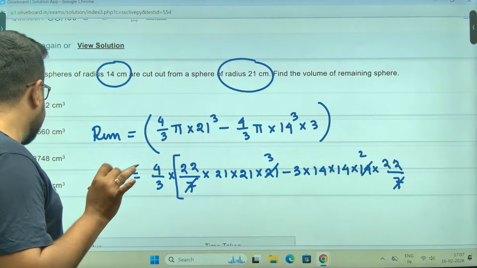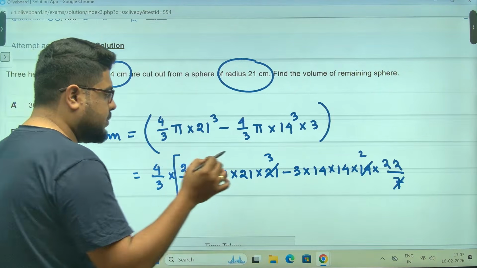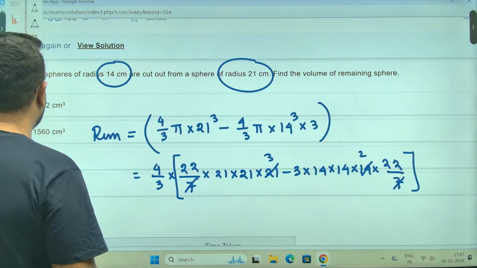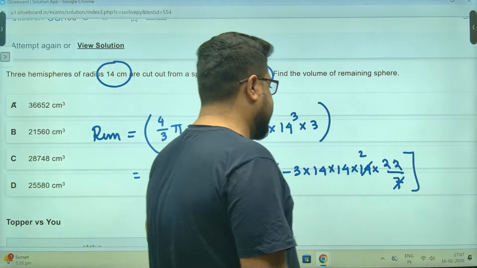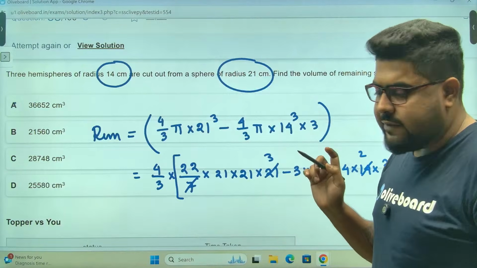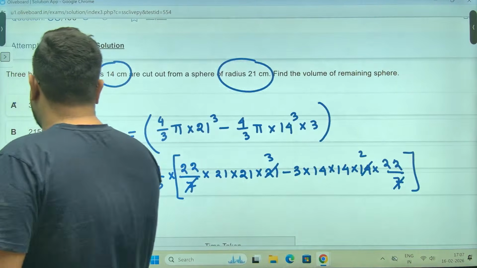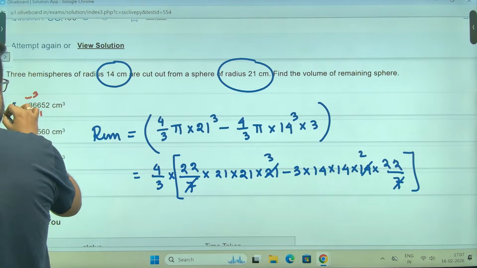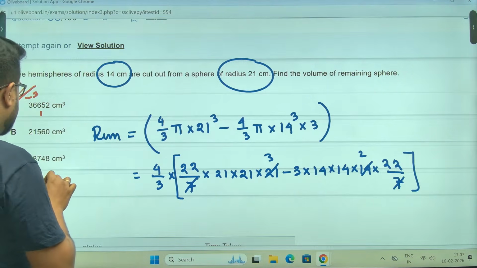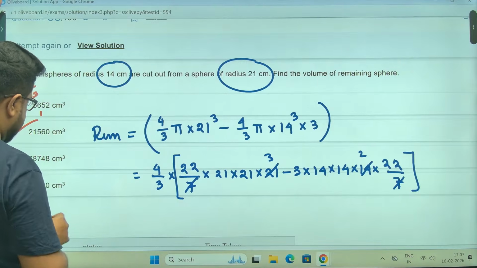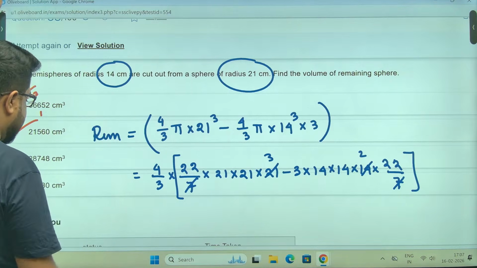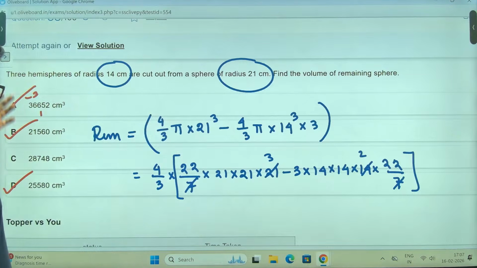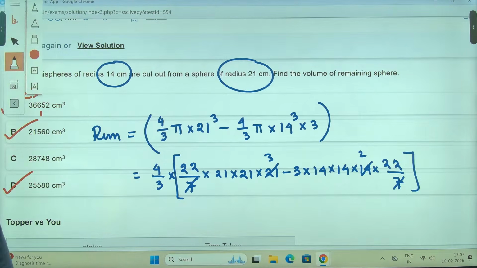Ultimately we'll use the multiple concept. First of all, let's check for an 11 multiple. So it is 3 minus 6 minus 3, 6 plus 1, 2. So this is an 11 multiple. 2, 1, 1, so this is also an 11 multiple. The 11 multiple is not working because I'm getting multiple answers which are 11 multiples.